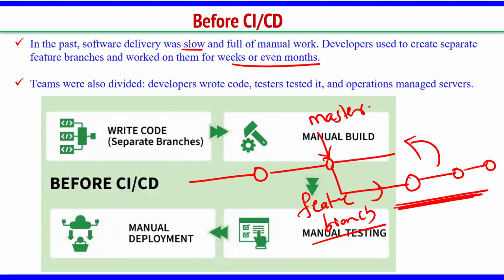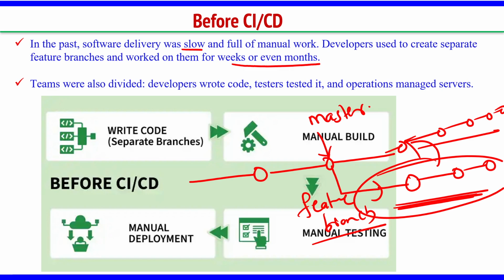Because I have been given a very big requirement, I am working on that for so many days because I am unable to complete that task. By the time I complete this task, so many new versions have come in the main line. That has become a challenge.